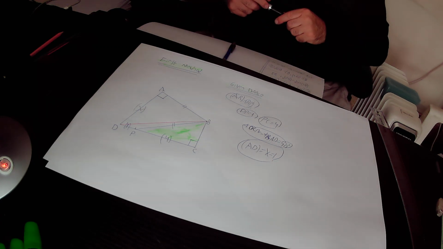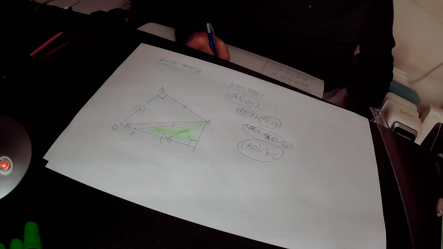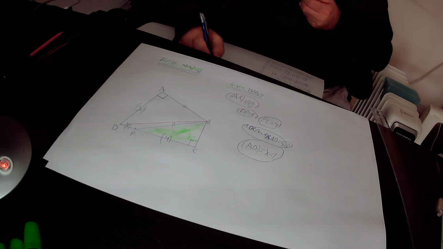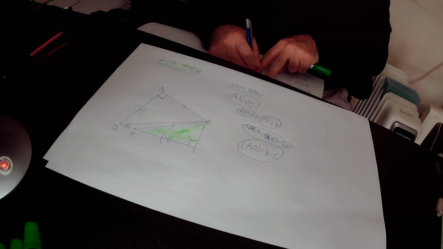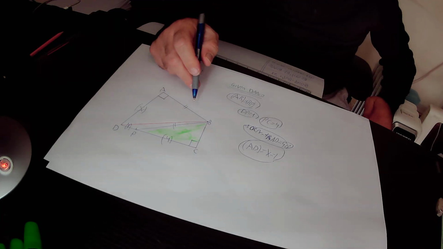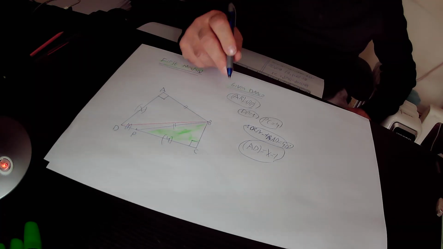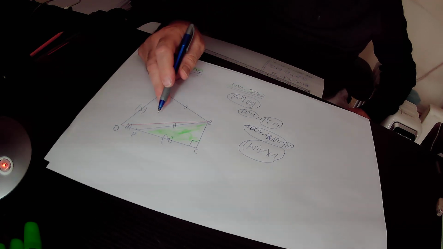So according to the Pythagoras theorem, in this triangle PBC, PB squared, that is the square of the hypotenuse, equals BC squared plus PC squared.